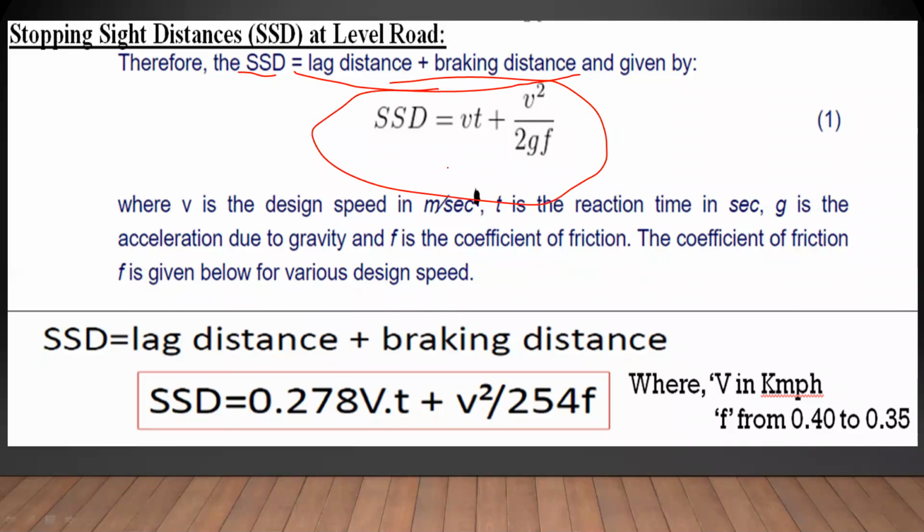But if the design speed is in kmph, and you don't want to convert it into meter per second, then please try to remember this formula, that is 0.278 into capital V into T plus capital V square divided by 254 into f.